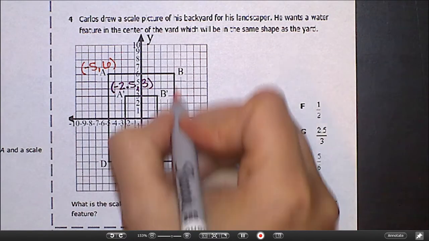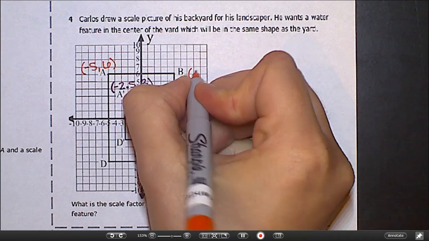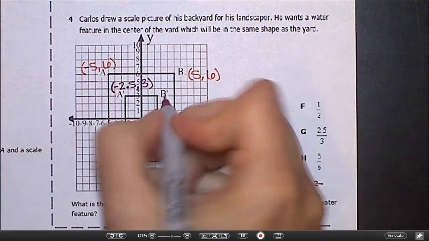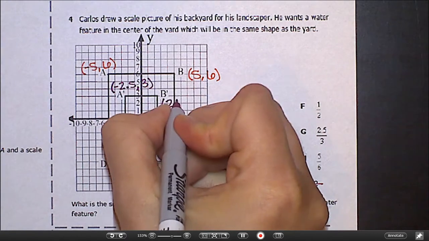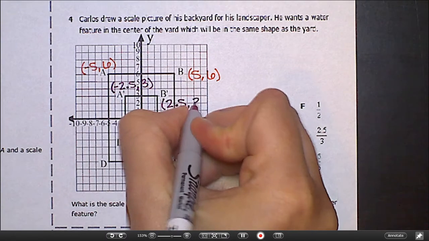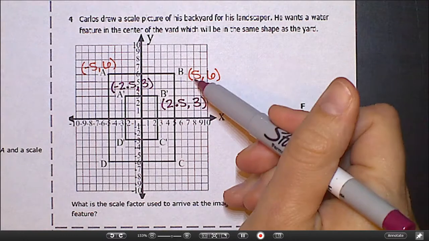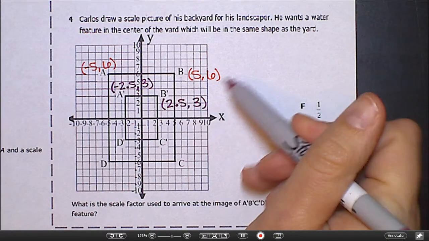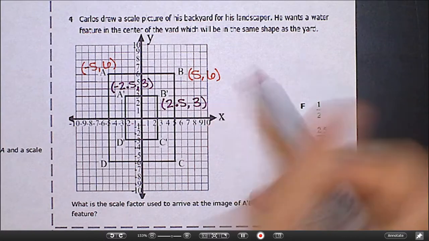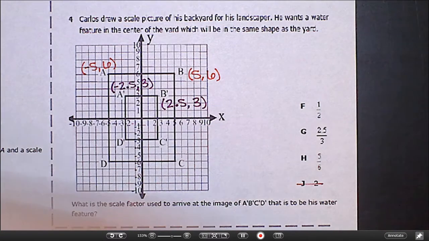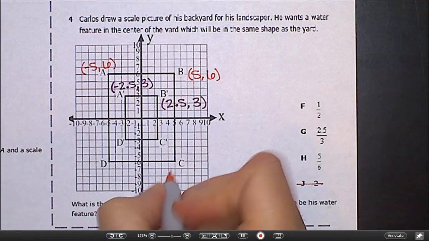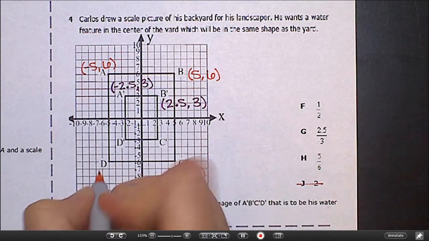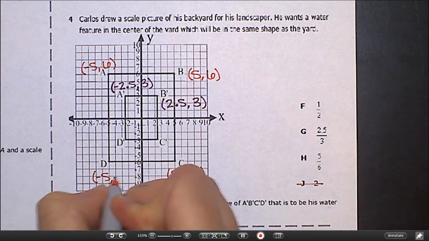B is 5, 6. And B prime is 2.5, 3. Same thing. We took 1/2 and 1/2. Let's look at C. C is 5, negative 6. And D is negative 5, negative 6.